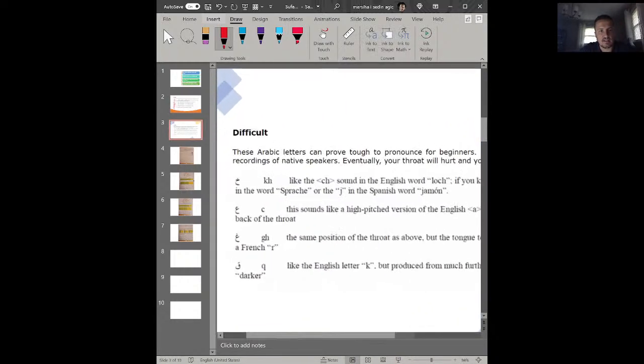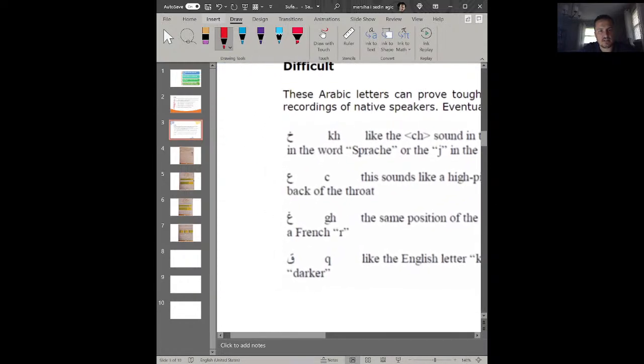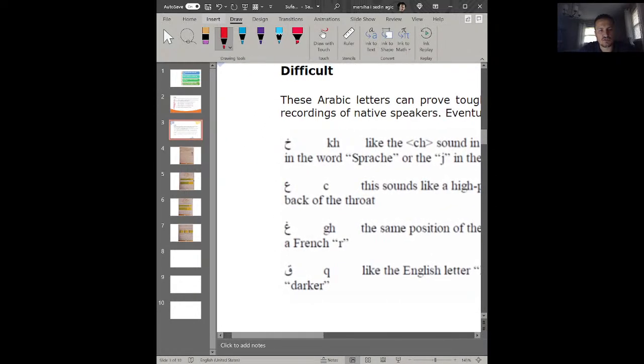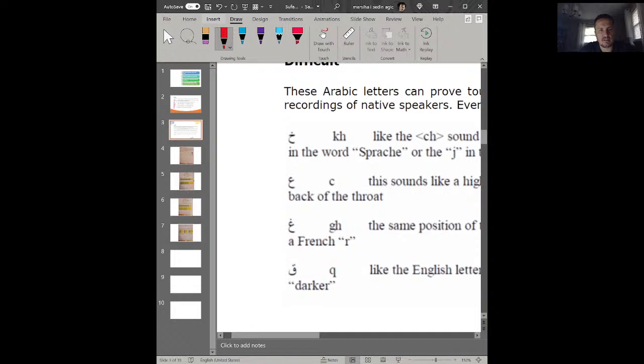For the next slide, difficult letters that we usually don't have in our language. It is kha, the sound kha. It is usually written in English as KH to emphasize the difference between ha and kha, which is the dot on the top of this letter.